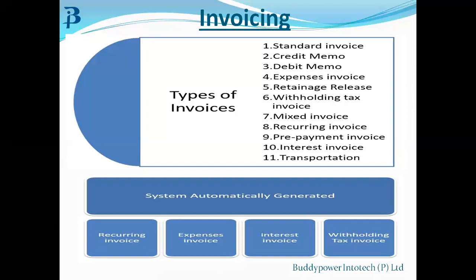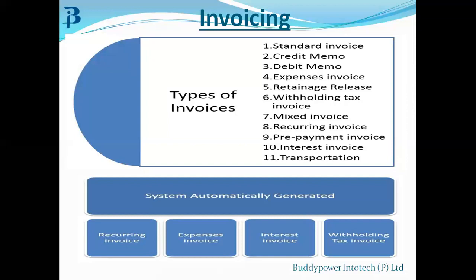Apart from the standard invoice amount, which you will be clearing, if you have crossed the due date, there will be some agreement between the supplier and us, saying that if you have crossed by so many days, this much interest will be charged per day. Depending on that, the penalty will be raised separately, which is called the interest invoice.